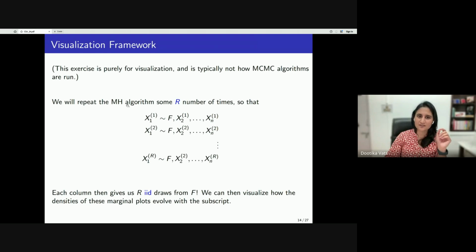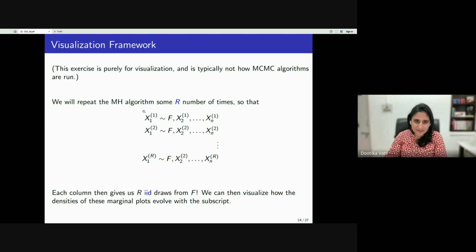We will repeat the MH algorithm some capital R number of times, so that I will draw X1 of soup 1 from f. So I'm starting the first Markov chain from f. X2 is the second iteration of the first Markov chain, then the third iteration of the first Markov chain, until the nth iteration of the first Markov chain. So every row is a Markov chain, but I will run R such Markov chains. Then what I will do is I will just look at one column of all of these Markov chains at different time steps.